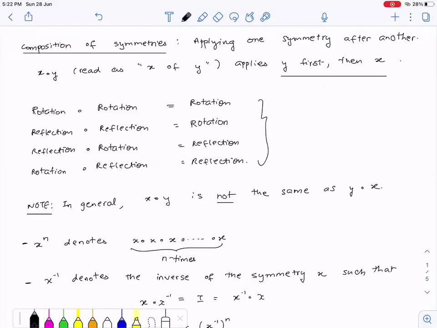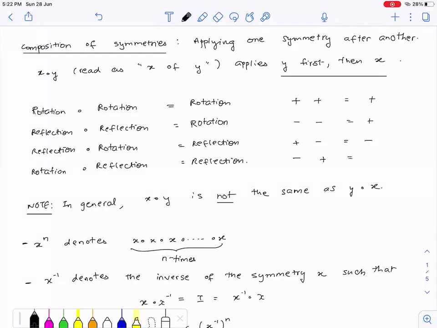Now, some basic key rules about compositions of rotations and reflections. It behaves like positive and negative, just like with multiplication: positive times positive gives you a positive, negative times negative also gives you a positive, and opposite signs give you a negative.